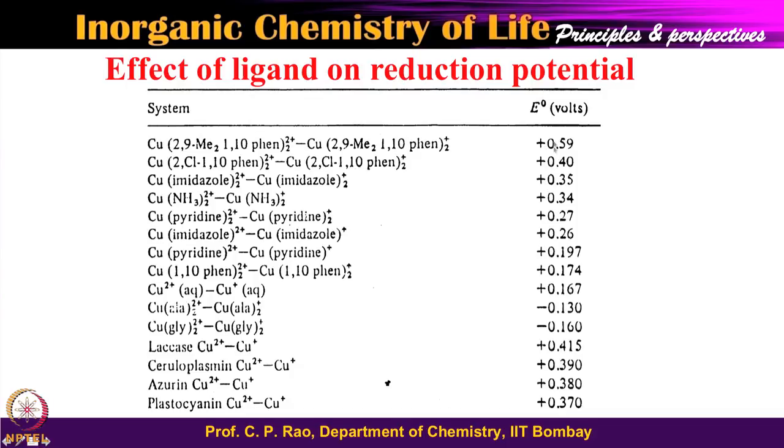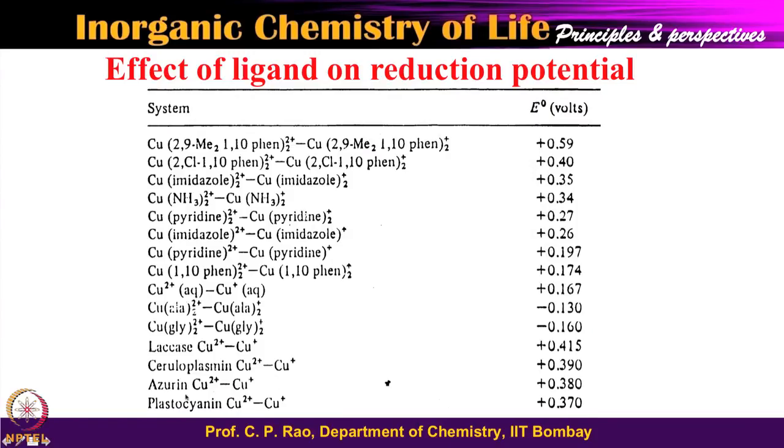Then we tried to compare these redox potentials going from positive to negative as a function of change in the binding centers, because as you go from nitrogen centers to the oxygen centers to the negatively charged oxygen centers, the redox potential changes from positive to less positive to negative. So, what does that mean? What that means is that the reduction is less favored, the oxidation is more favored. When you have more positive potential, more reduction is favored.